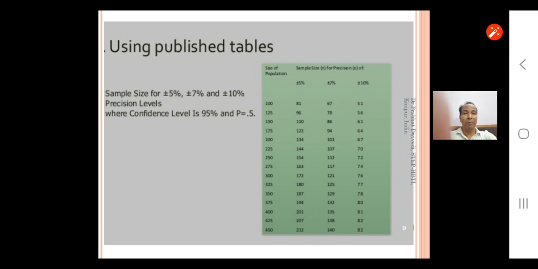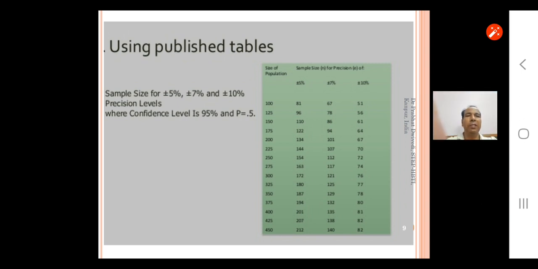If we permit 10% error, that means we can go for the precision level of 10%. So sample size with plus minus 5%, 7%, 10% precision level, with the confidence level of 95%. These are the fixed parameters. On that basis the table has been made.